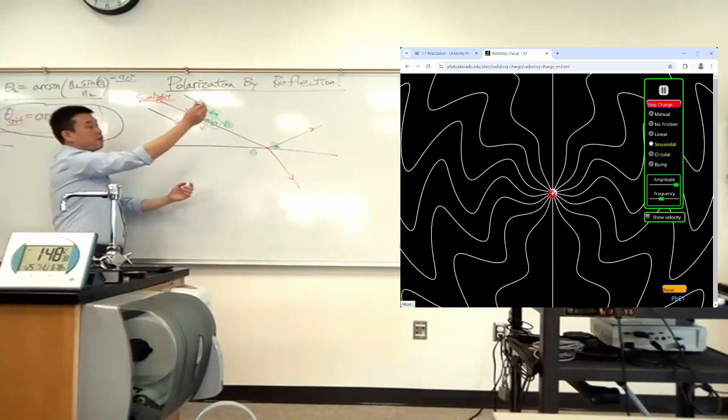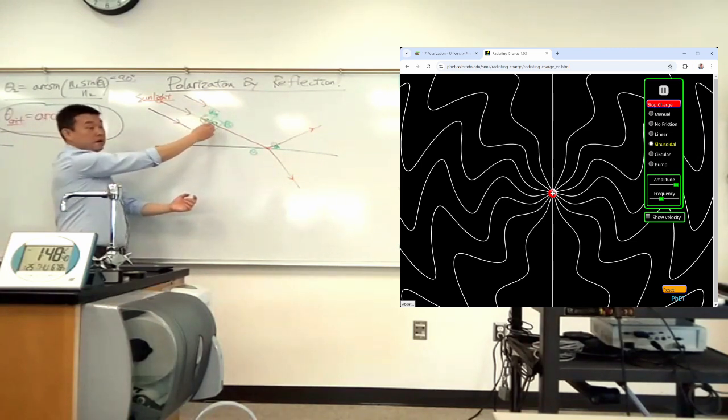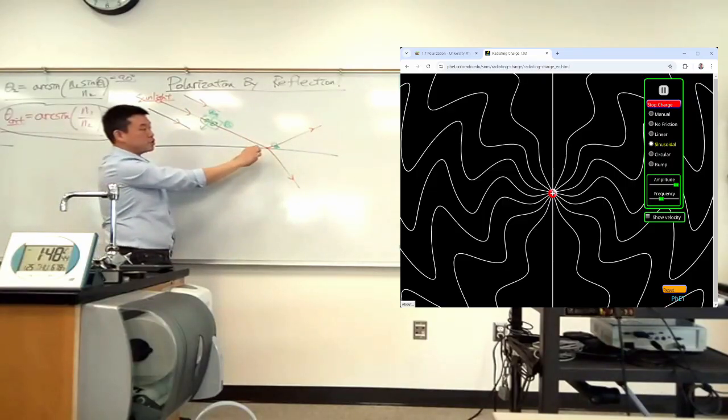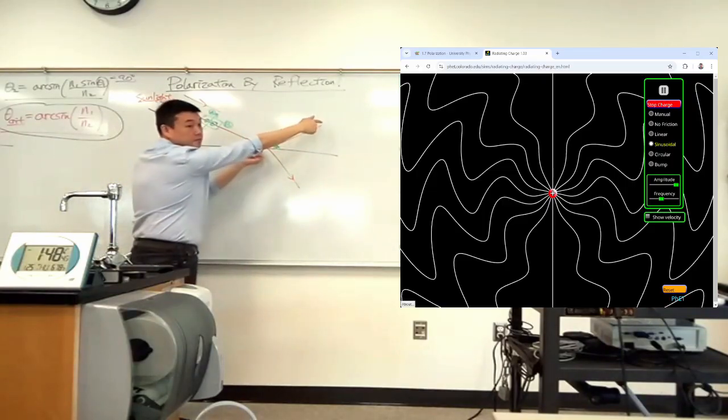The one that's polarized into and out of the board, as it's oscillating that way, there's no issue with the light being propagated this way.